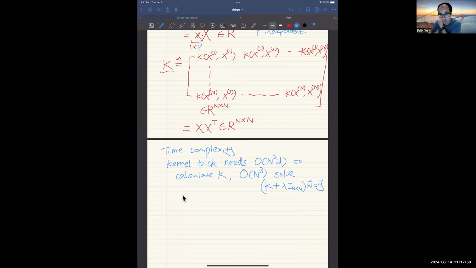So the total time complexity is n cubed plus n squared times d. And the space complexity is that we need space to store this K matrix, which is order of n squared.